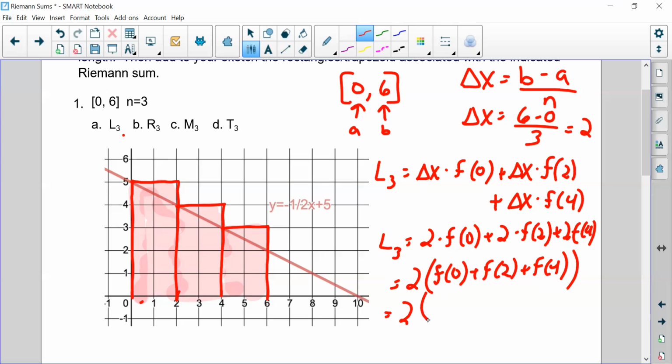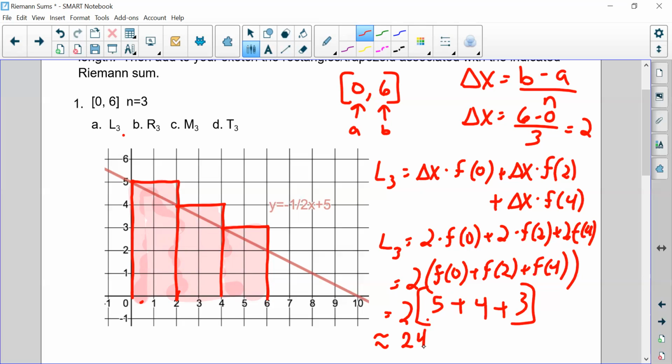The function value at 0 is 5, plus the function value at 2, which is 4, plus 3. So 5 plus 4 plus 3, times 2. So I would estimate my area is 24.